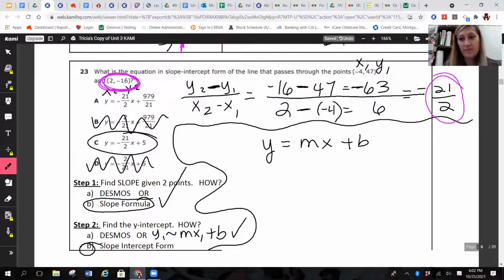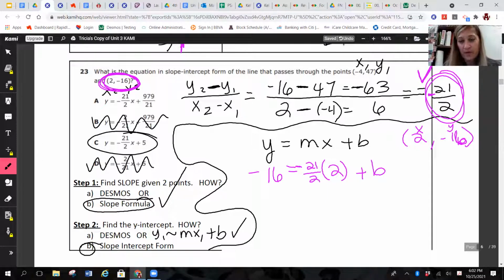I'm also going to have to pick this slope, which is negative 21/2. What I'm going to do is use 2, negative 16. I know that 2 is an x, and I know that negative 16 is a y. I will put negative 16 under y, and I will put 2 as the x. Now the m, I just figured out m. It was negative 21/2.